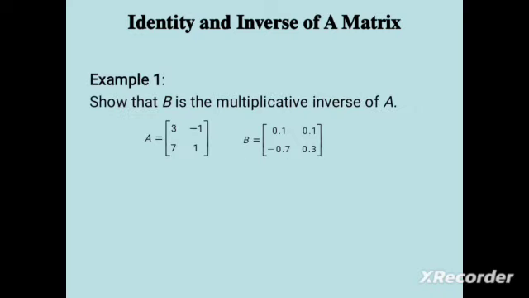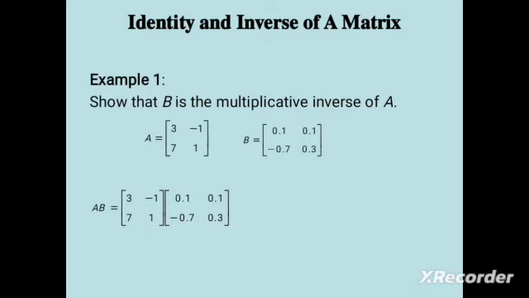Now let's look at an example to sink the point home. Show that B is the multiplicative inverse of A. We have two matrices, matrix A and matrix B. Matrix A is 3, negative 1, 7, 1, and matrix B is 0.1, 0.1, negative 0.7 and 0.3.